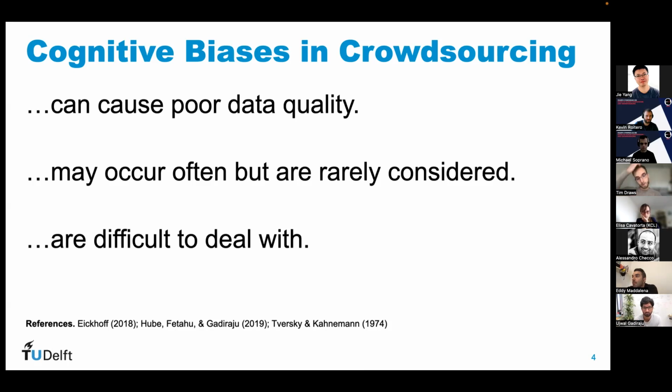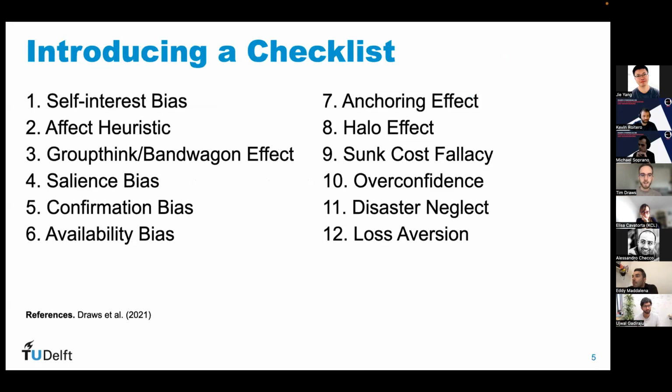And we thought one way to reduce this complexity would be to introduce a simple checklist that has 12 items. Each item concerns one specific cognitive bias or a group of similar cognitive biases that are sort of the most common ones or the most concerning ones.